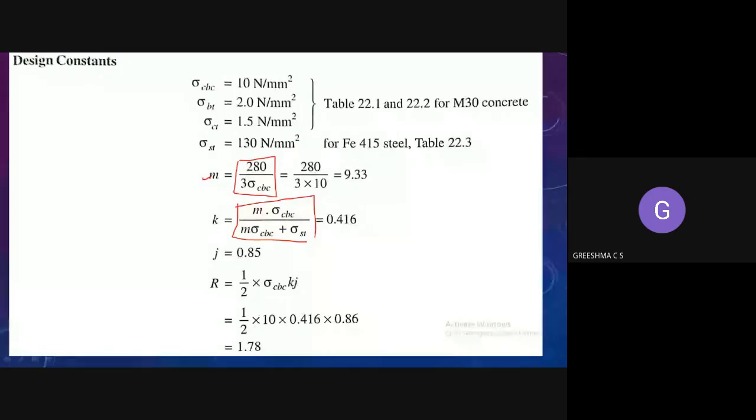Next is R, that is the resistance factor. That is equal to 1 by 2 into sigma cbc into k into j. So j is equal to 1 minus k by 3 actually. Wait, let me check the equation right now.